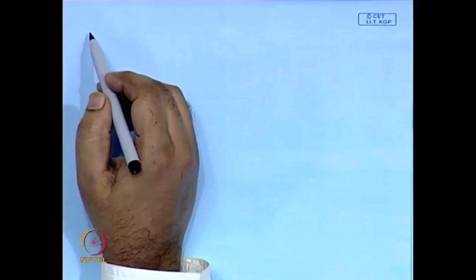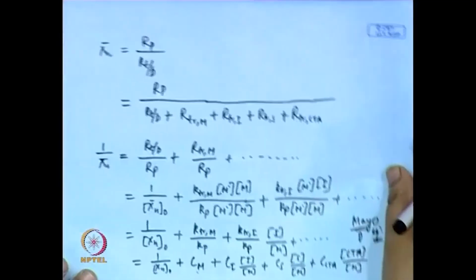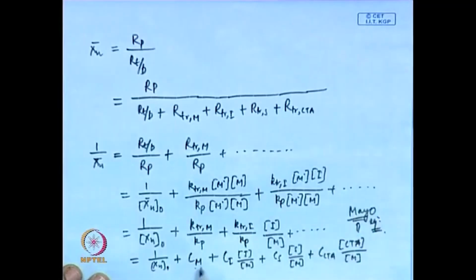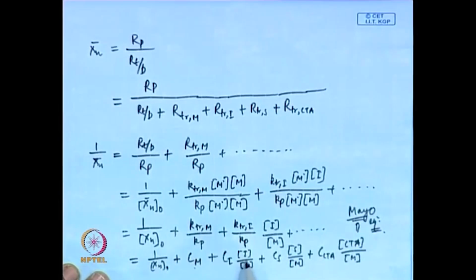Now, just look at this transfer reaction once. Typically, in normal cases the transfer to monomer and initiator are very negligible. Okay. They generally do not take place, and unless we add a transfer agent from outside deliberately or an impurity is present, this also does not contribute too much.